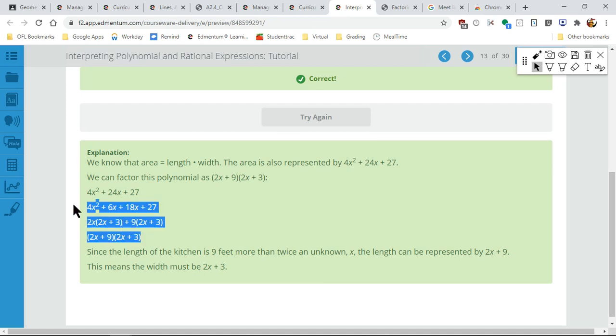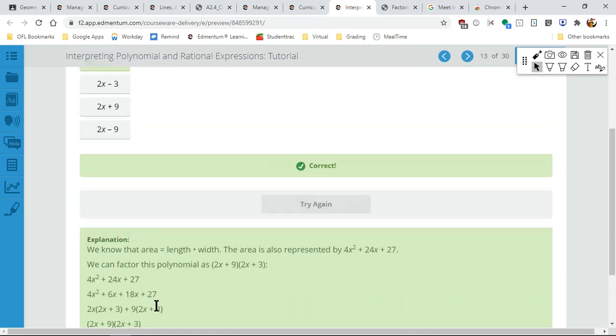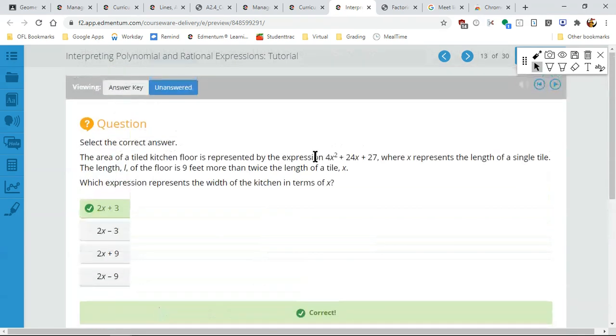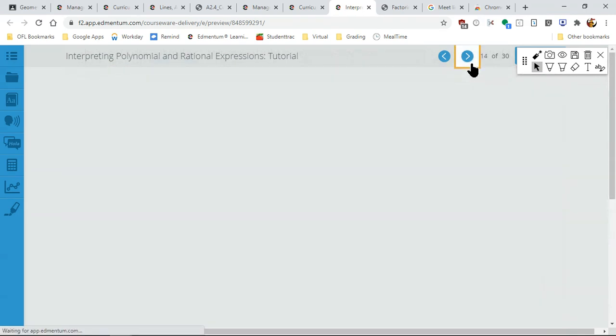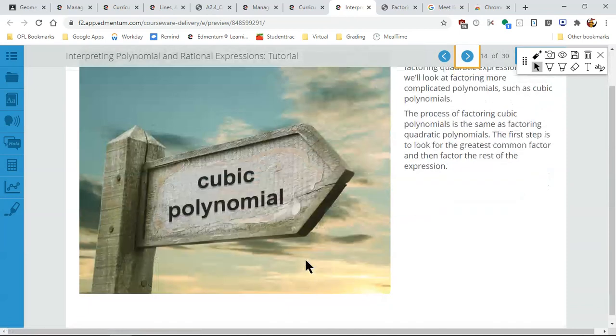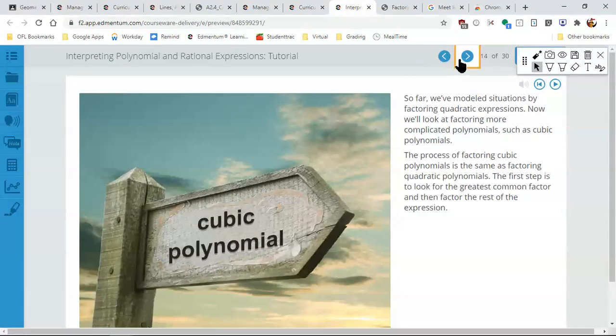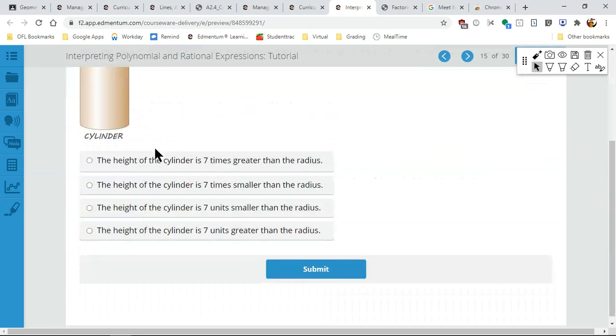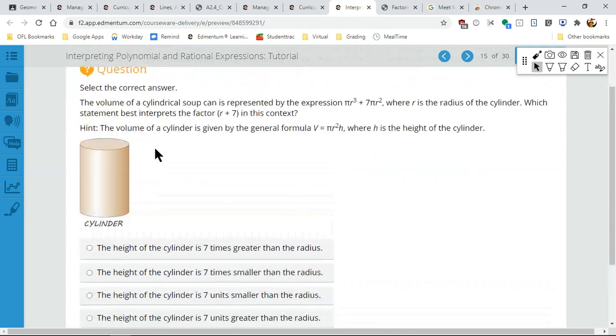So if you guys are having trouble understanding Edmentum's explanations, whoever wrote it was a big fan of factoring by grouping, and I can try to help you out with it. But I honestly think it's one of the hardest ways to factor. I use the box method. I just think it's easier. But if you guys want to learn how to do factor by grouping, I can teach you how to do that.